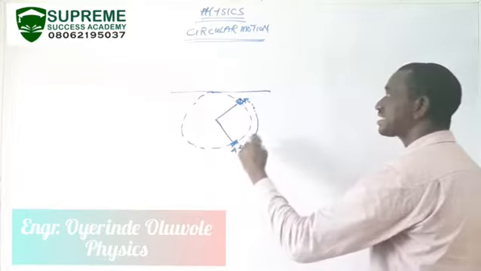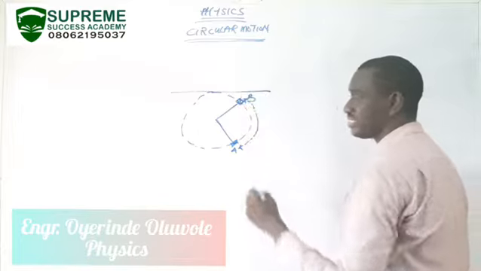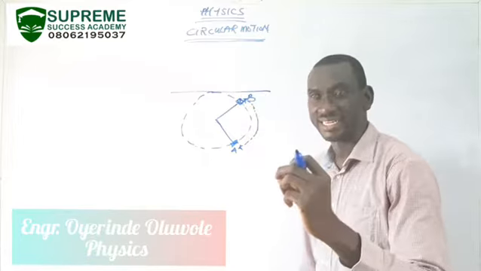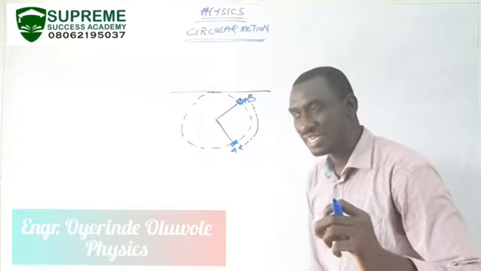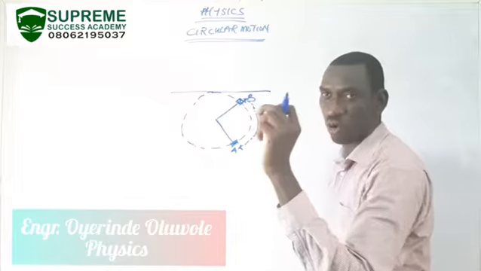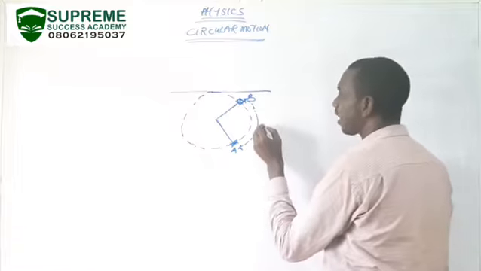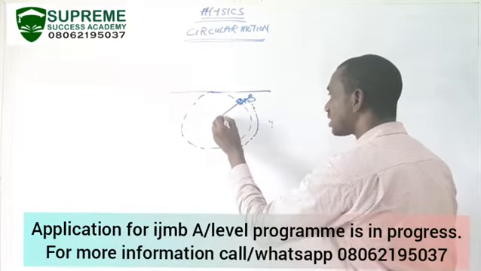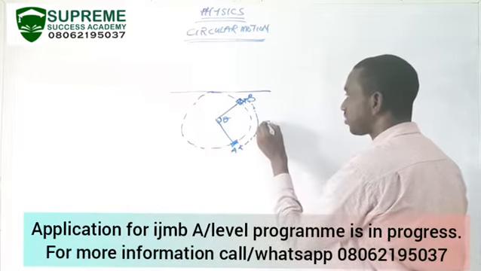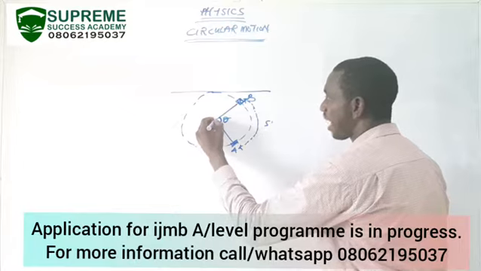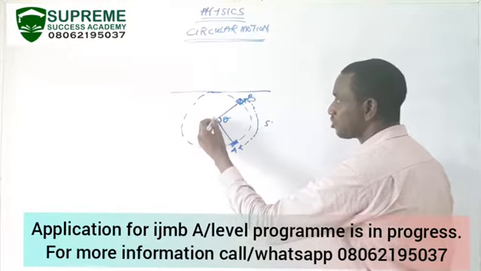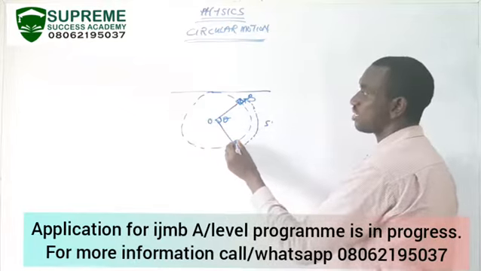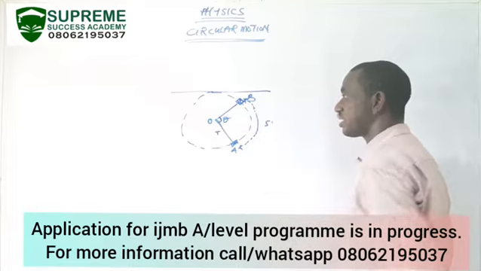So the distance between A and B is not a linear distance. Why? Because it is a distance along a curved path. We call this angular displacement, theta. This is your distance r. And we know that any line that joins the center of circle to the circumference is called radius.